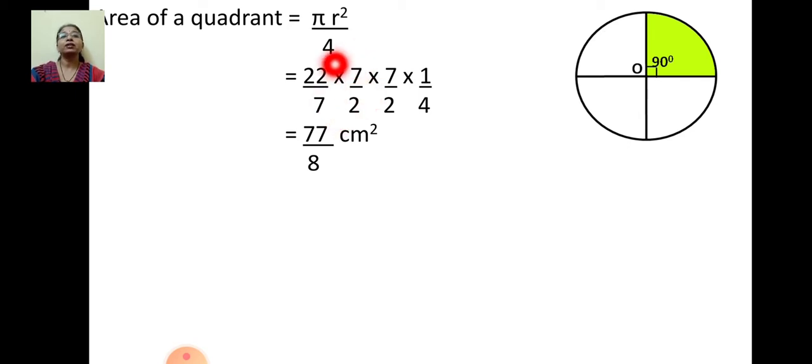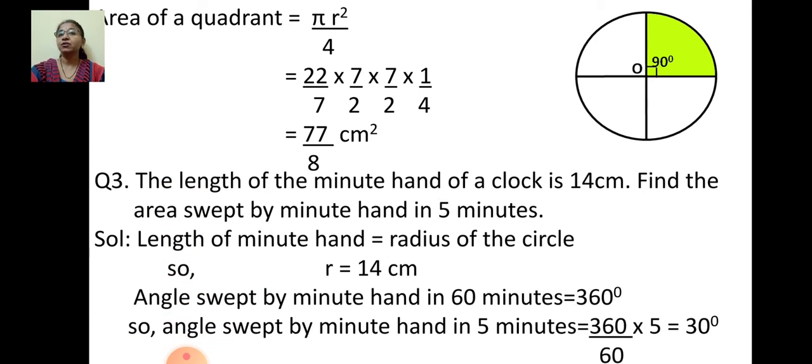This 2 and this 22, 11s will come. So you will get 77 upon 8. Because it is not completely divisible, we will keep this as it is. So the area of the quadrant is 77 upon 8 centimeter square. Understood? Now question number 3.